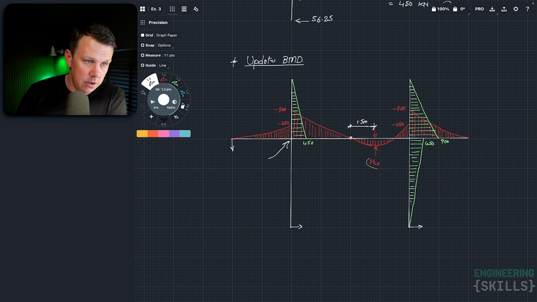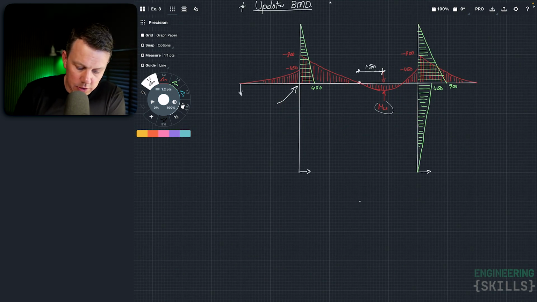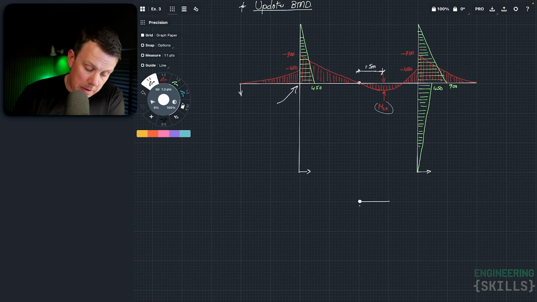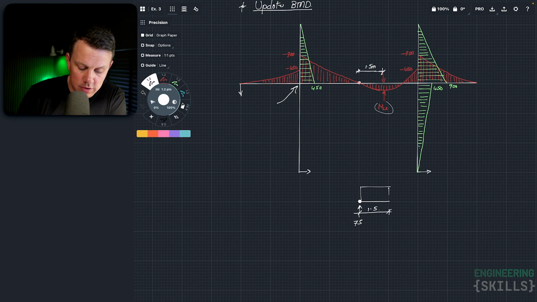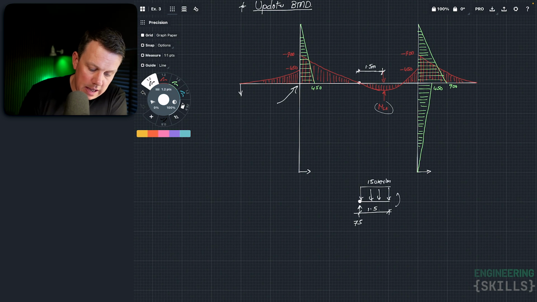So the very last thing I'll do here is work out this local maximum value. If I very quickly sketch out the right hand side of the joint here, remember that's the hinge, so there was 75 there. We knew that this point of zero shear was 1.5 meters to the right of that. We know that that is 150 kilonewtons per meter, and we have this M local max here.